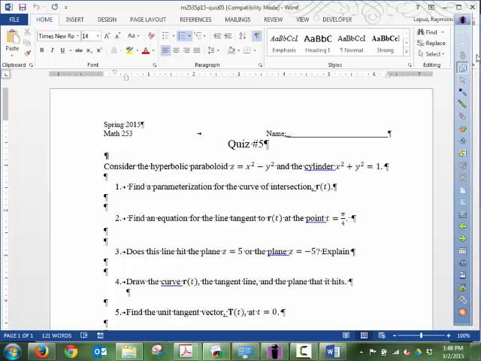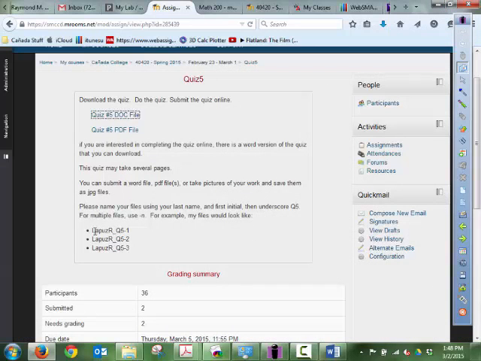The only thing I ask is that when you take a picture or create a file and save it, you know your pictures are called IMG0572 or whatever, some weird name. I want you to change the name to your last name, first initial, underscore Q5.